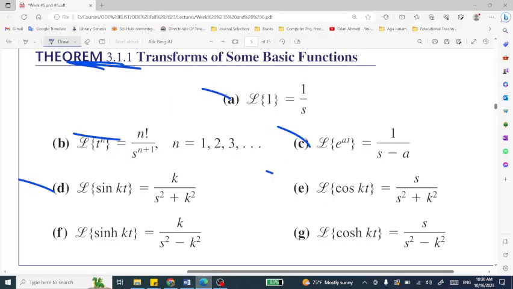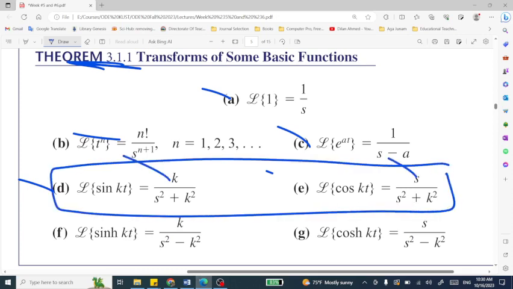What's the difference? For sine put the number; for cosine put the variable s. Any number works for k.